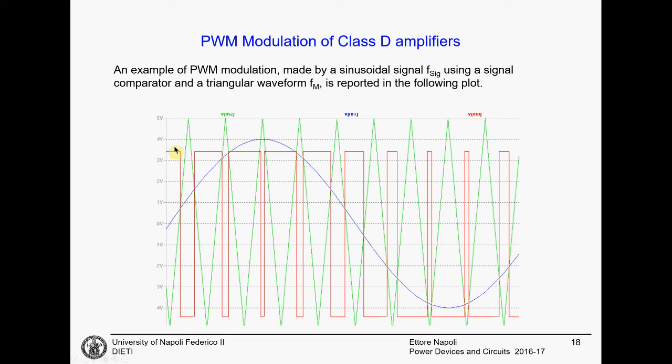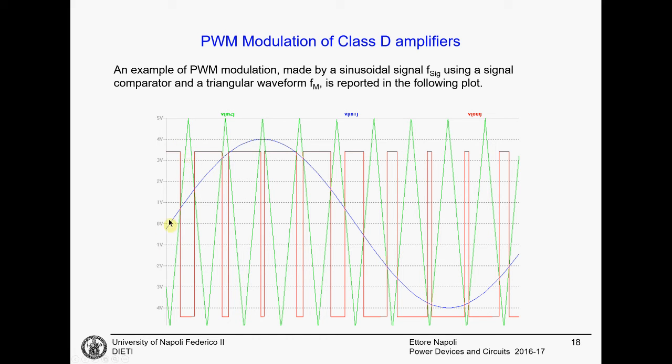As you can see, when the input signal is larger than the comparison waveform, the output is high. And the opposite happens when the input signal is smaller than the comparison triangular waveform.